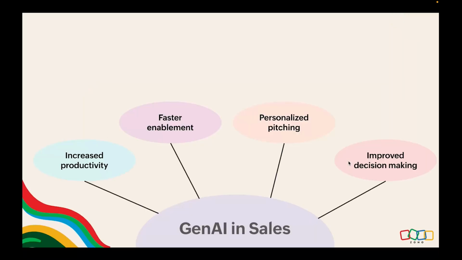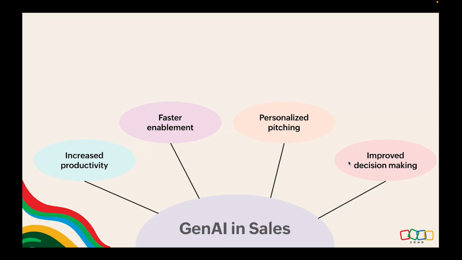How then can Gen AI help sales teams? I would say that there are 4 broad areas that it can help with. First, there's increased productivity. Gen AI helps us get through the most boring or mundane everyday tasks much more efficiently, helping us get more done with less effort. Then we have faster sales enablement.